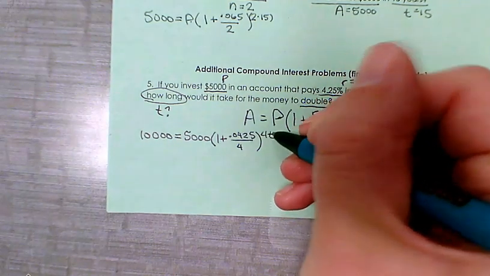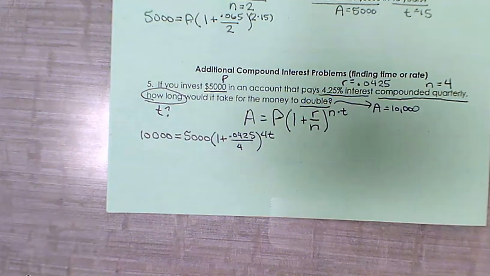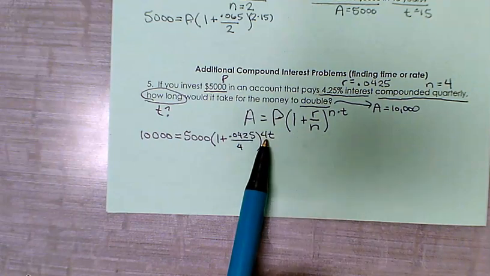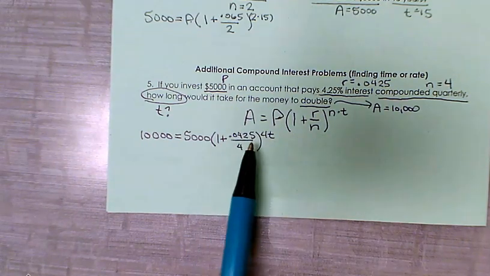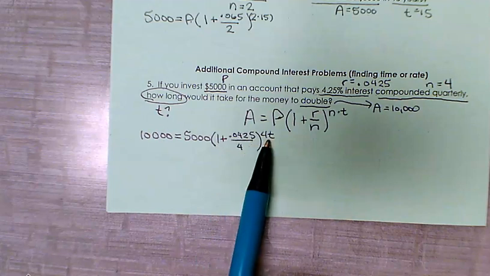And you could say 4 times X, but I'm going to leave it as 4 times T so that I remember what it is that I'm supposed to be finding. Cool. 4 times T. Okay, typically we would try to isolate our variable, but our variable's up in the exponent, and this is what we have as the base, and we're raising it to the power of 4t.